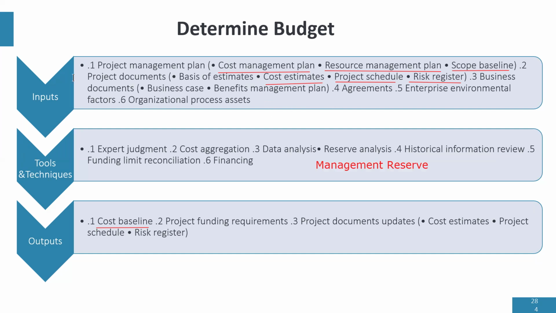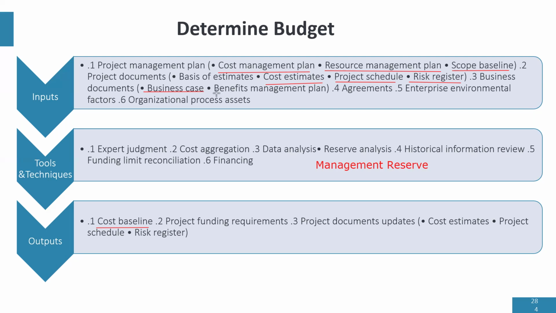Then we can compare the project budget with what we had initially in the business case. In the business case, you have a budget for your project, right? You can even use rough order of magnitude in the business case level, right? But now you want to compare your business case with your actual budget.